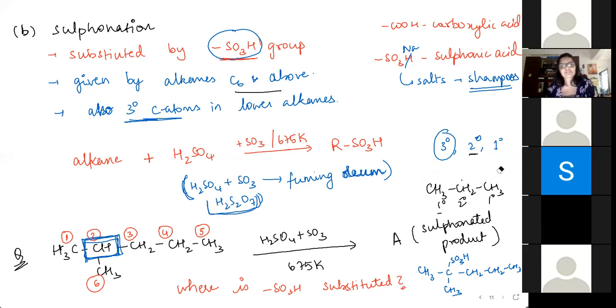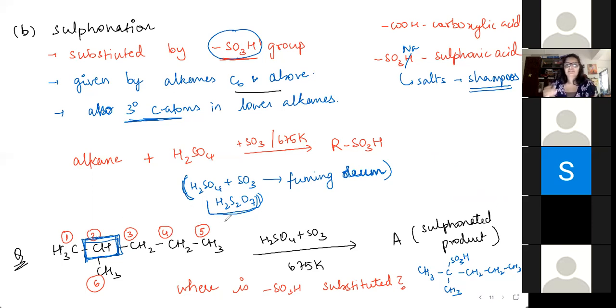Yeah. So these are the kind of questions. The question is pretty direct, simple, straightforward. Reaction is given, what is the product? The concept also is a direct thing. Sulfonation is happening, so SO3H has to be substituted. The trick to it, this is half of why organic chemistry has that reputation.